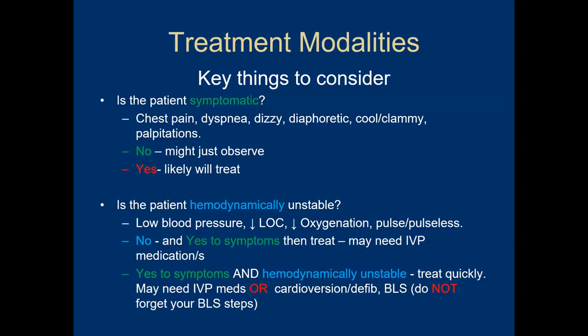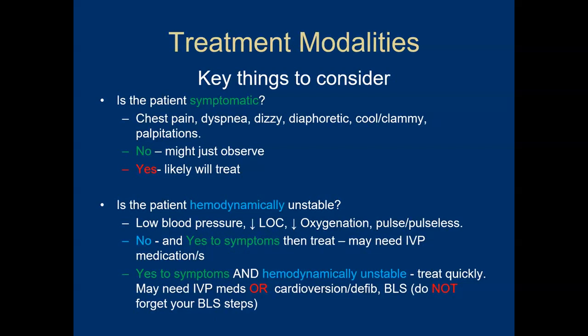So again, when we assess for symptoms, and then also don't find hemodynamic instability, well, then we may not treat urgently. We may give them something like an IV push drug or an infusion. So again, we have to put the pieces together and look at the big picture of the patient.